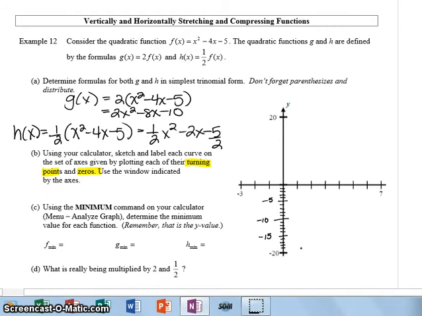So my f function, which is the original, I'm forgetting where everything's going. Okay, so it looks like negative 9. So we're at 2, negative 9 for my g function, and my x-intercepts or my zeros are at negative 1 and positive 5.